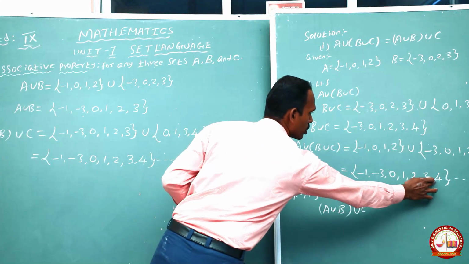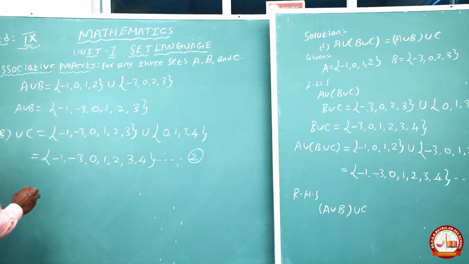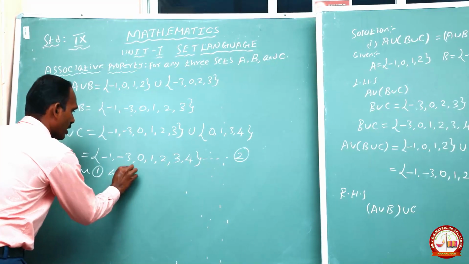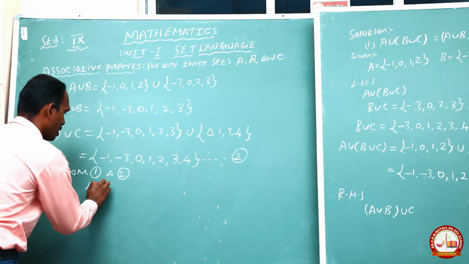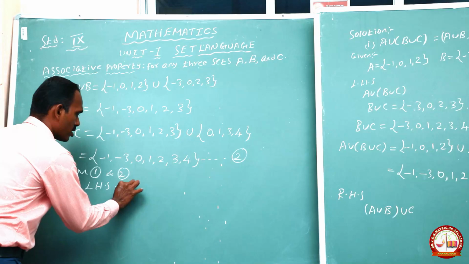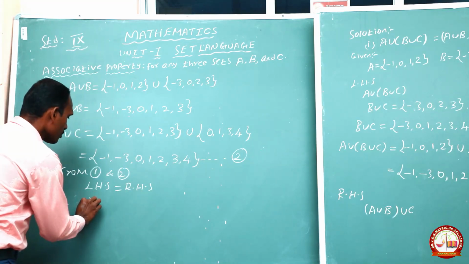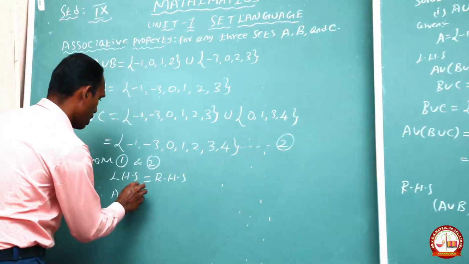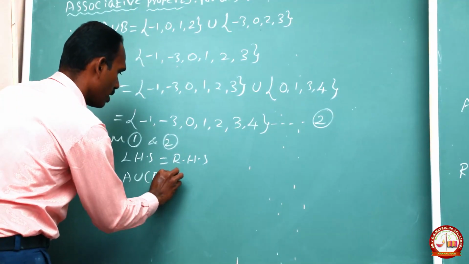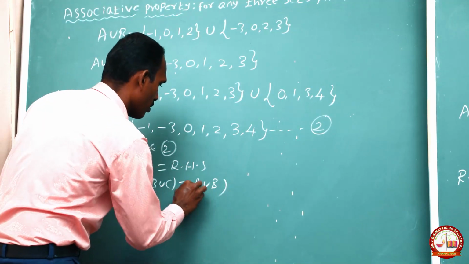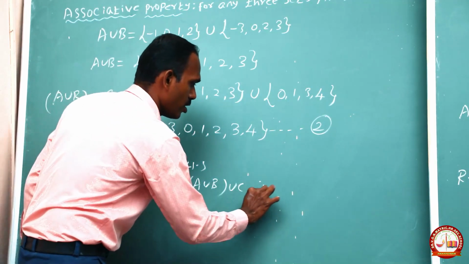So from the first and second equation, LHS equal to RHS. Therefore, A union B union C equal to A union B union C is true.